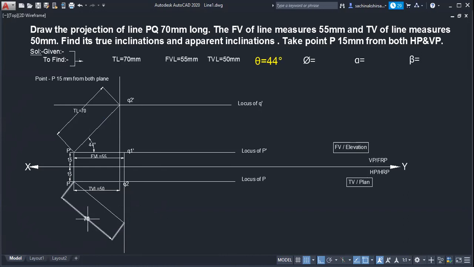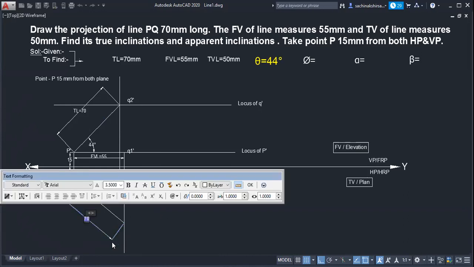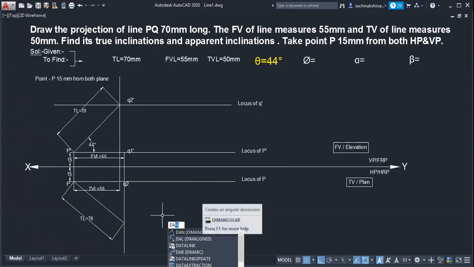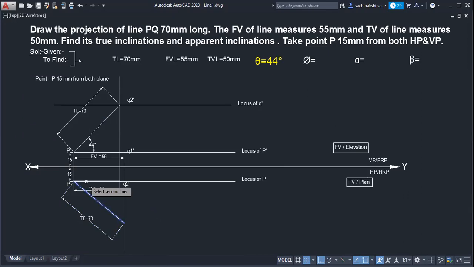So which angle will we get here? Phi. High. Measure and tell how much it is. 39, sir.